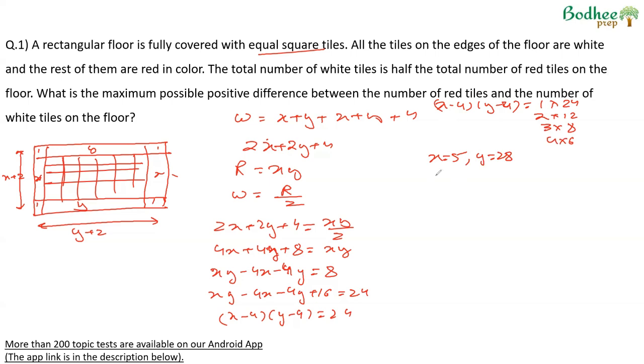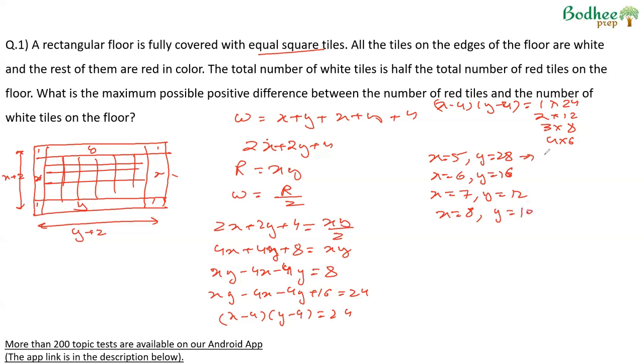In the second case, x will be 6, y will be 12 plus 4, 16. In the third case, x will be 4 plus 3, 7, y will be 8 plus 4, 12. In the fourth case, x will be 8, y will be 6 plus 4, 10.